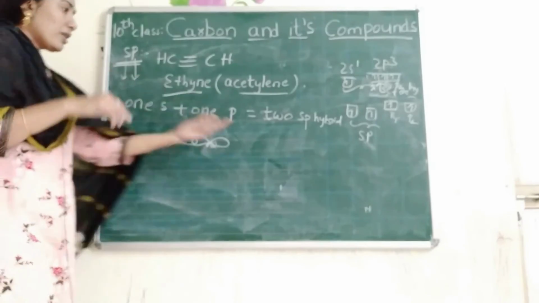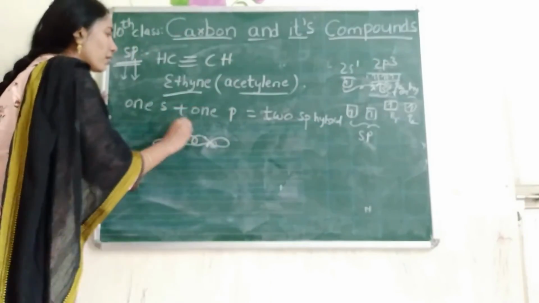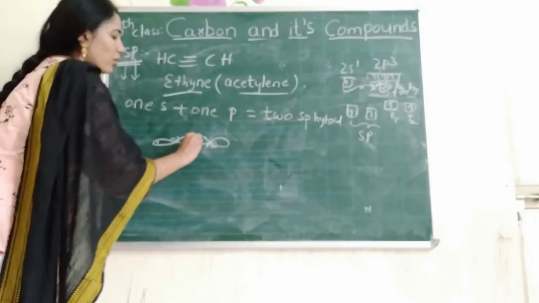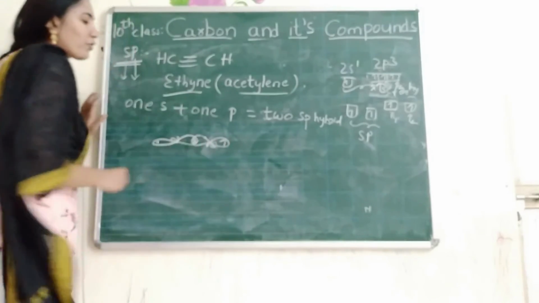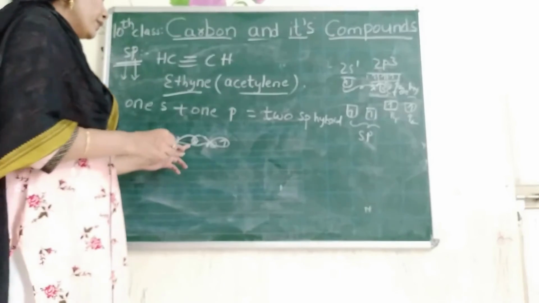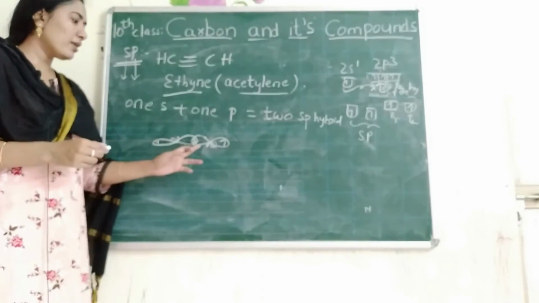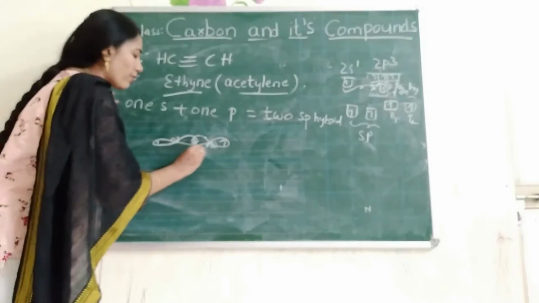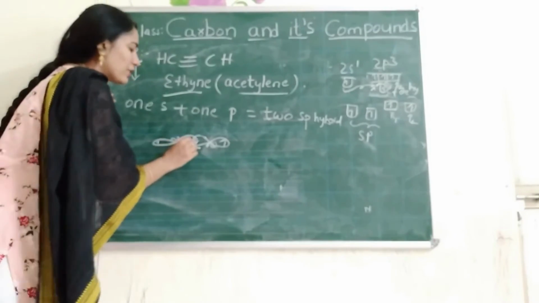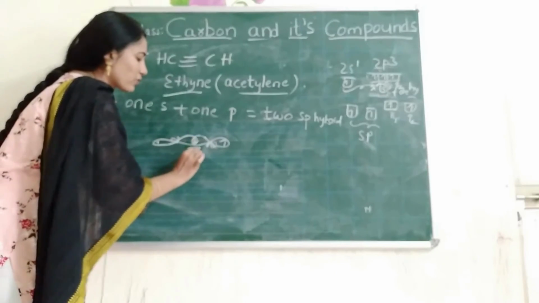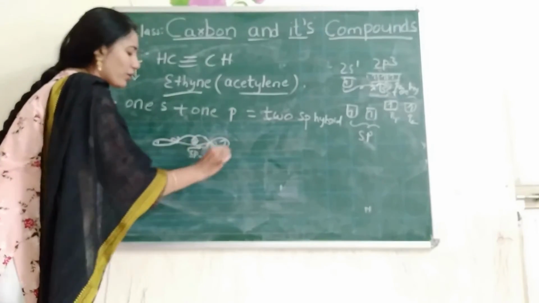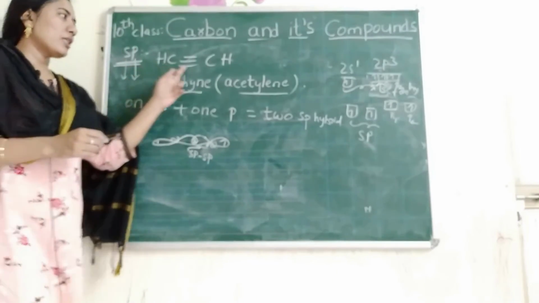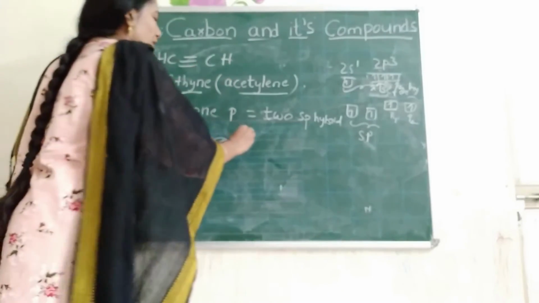Each has a single electron. There is an overlap between the sp hybrid orbital of this carbon and the sp hybrid orbital of the other carbon. This is an end-on-end overlap, so this is a sigma bond between sp and sp orbitals, called a sigma sp-sp bond. Next, each carbon is bonded with one hydrogen.